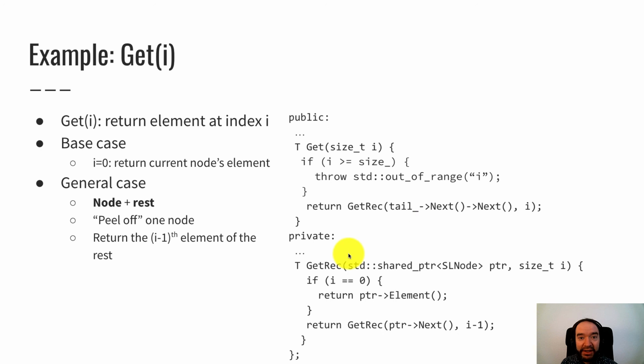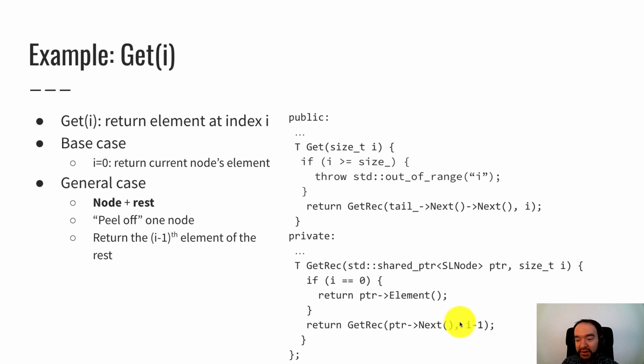Now let's look at getRec that actually accomplishes this computation. It's given a pointer to a node, ptr, and a size t i, that's the index I'm looking for. The base case is if I want index number 0, the first element there is in the part of the list starting at this pointer, I return pointer element and I'm done. Otherwise, I need to skip past at least one node, and so I'll return get recursive of pointer next, so that moves to the right once.